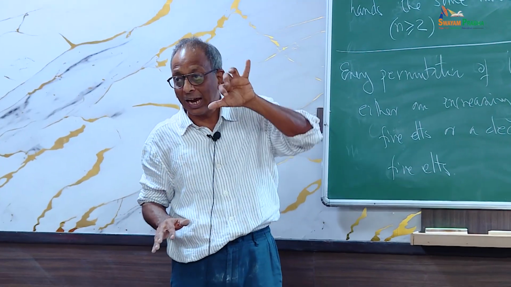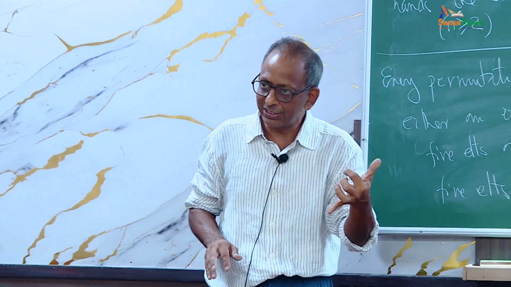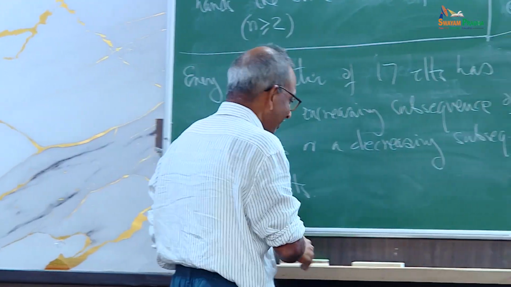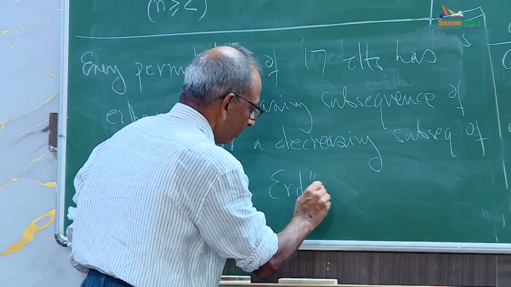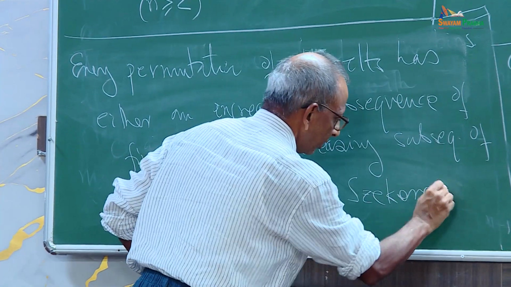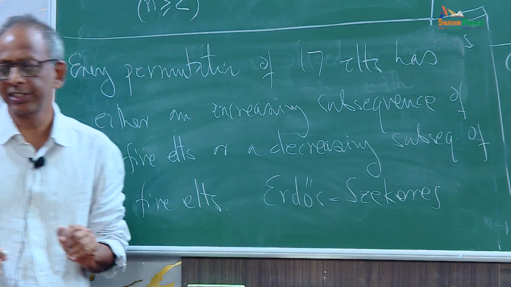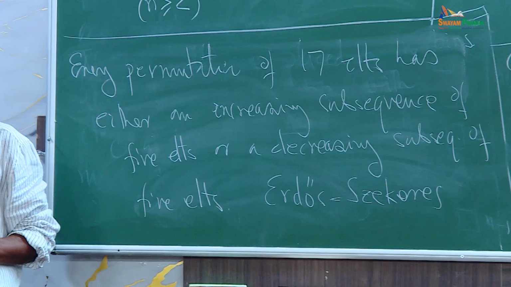There will always be either an increasing subsequence of 5 elements or a decreasing subsequence of 5 elements. And this theorem has a name. It's called the Erdős-Szekeres theorem.